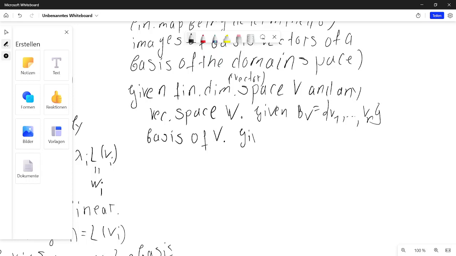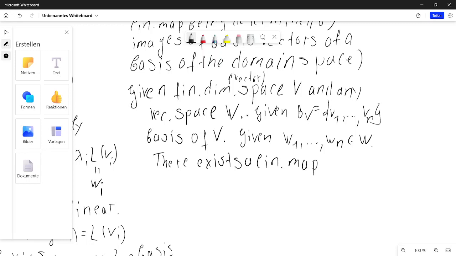Given w1, ..., wn, not a basis, just any vectors in W, we just take any vectors. There exists a linear map mapping vi to wi for i from 1 to n.